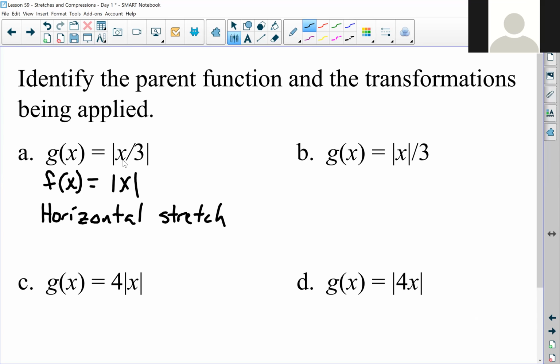If it's happening inside, it's going to be horizontal. If it's happening outside, multiplying or dividing outside, it's going to be a vertical stretch or compression. And it looks like for all of these, my parent function, I didn't get real creative.